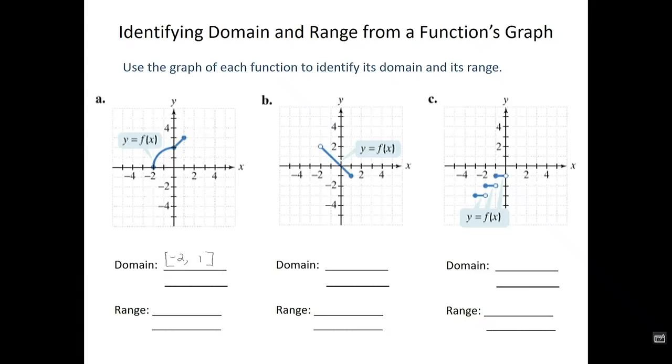Now this is interval notation. If you like, you could have also represented the domain in set builder notation: the set of all x such that x is greater than or equal to -2 and less than or equal to 1. Now for the range of the function, we want to look along the y-axis.